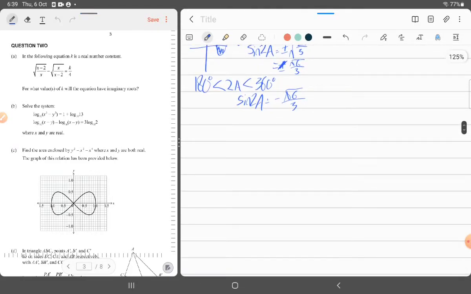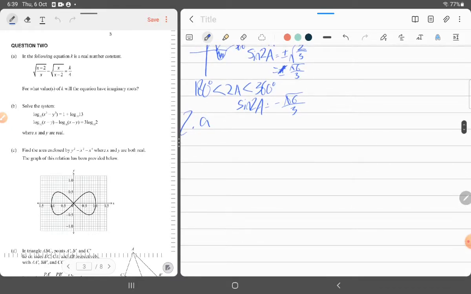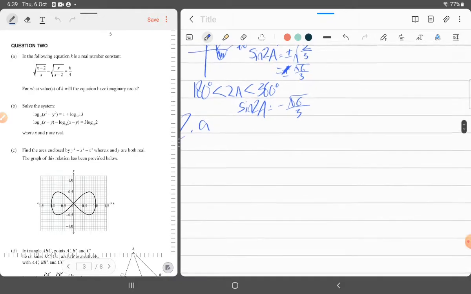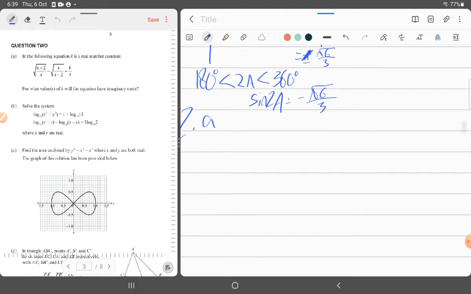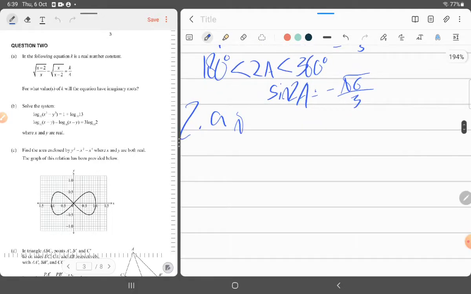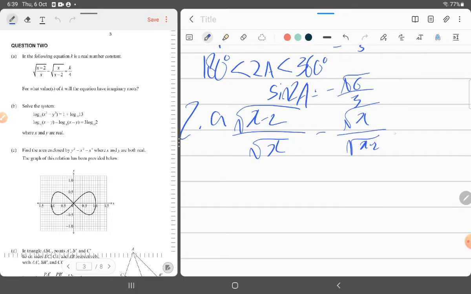So question 2a. Square root of x take away 2 all over x take away square root of x all over square root of x take away 2. That can be simplified into square root x take away 2 over square root of x take away square root of x over square root of x take away 2 is equal to k over 4.